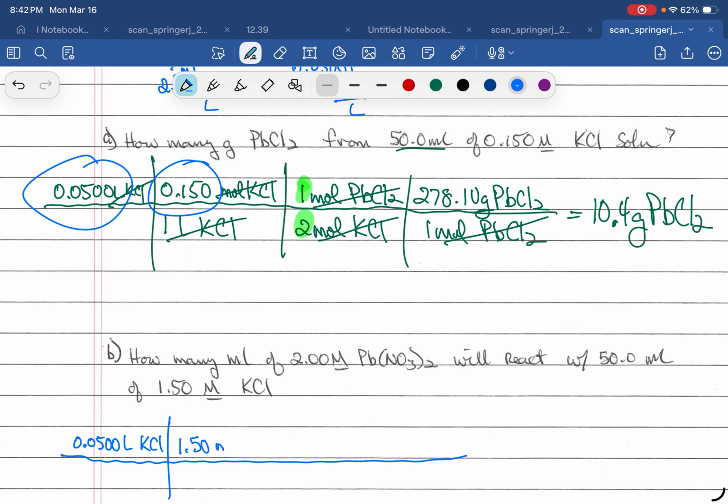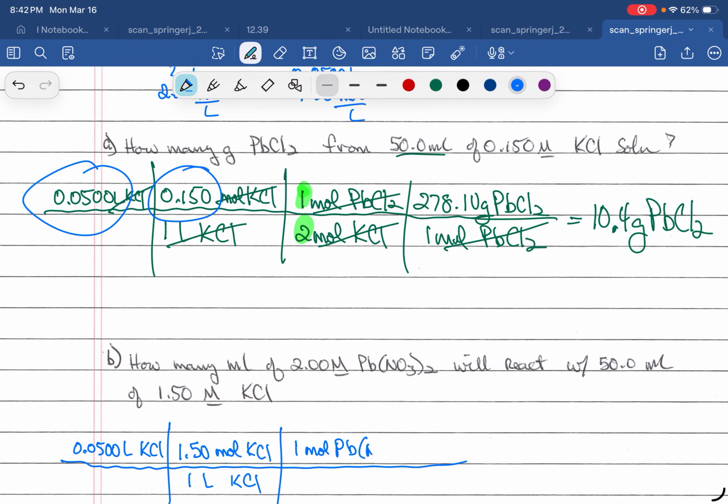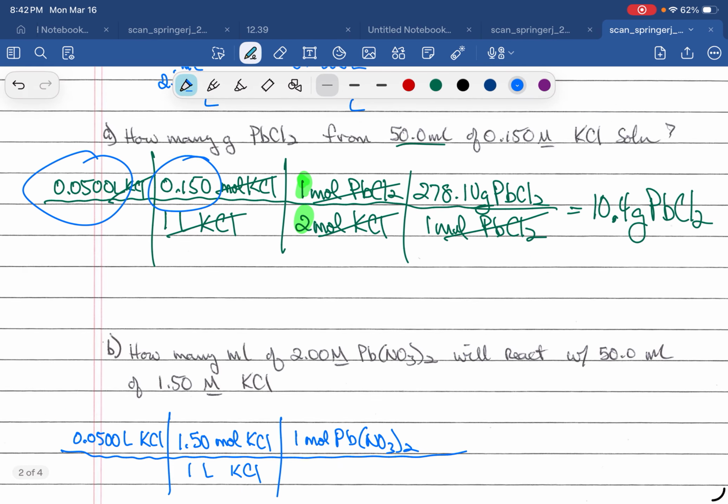I'm trying to find the Pb(NO3)2, so 1 mole Pb(NO3)2 over 2 moles KCl.